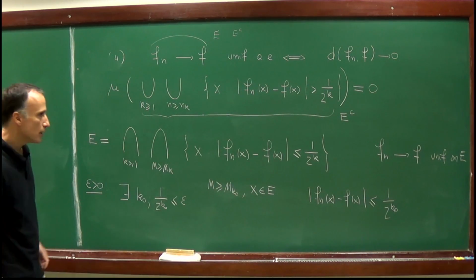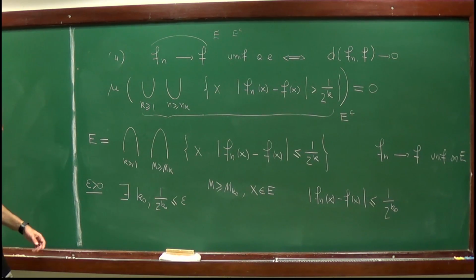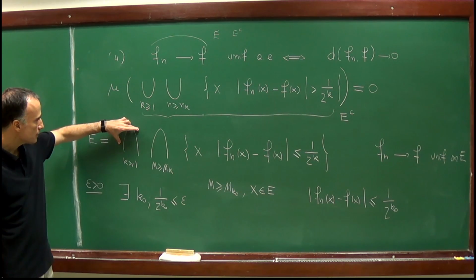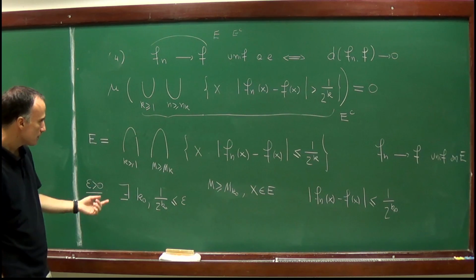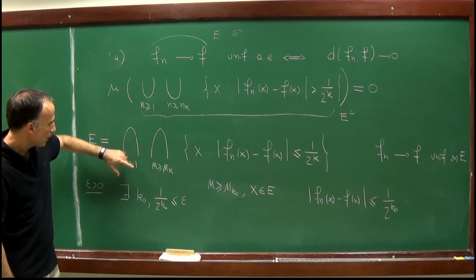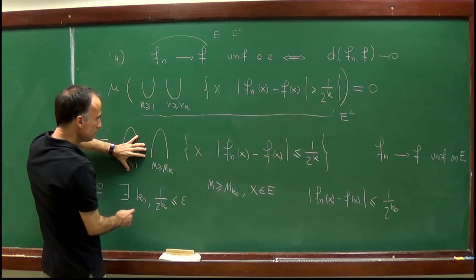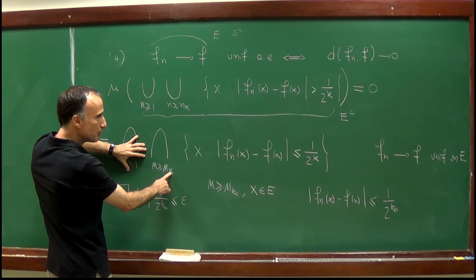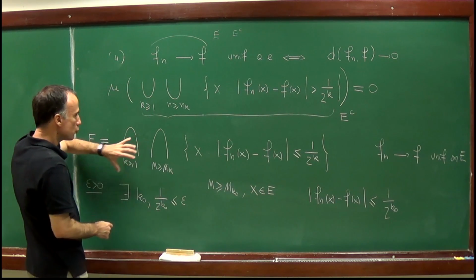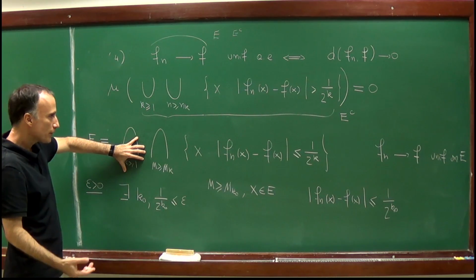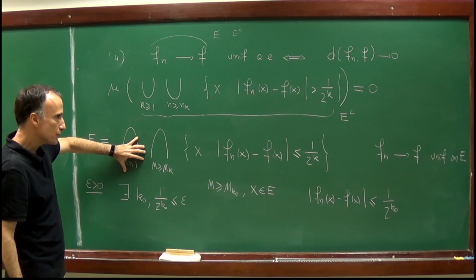Let me just explain again. Since I consider a point x in E, it belongs to this intersection, which means that it belongs to the set with k0 fixed. So let's replace k by k0. What does it mean that x belongs to this intersection?